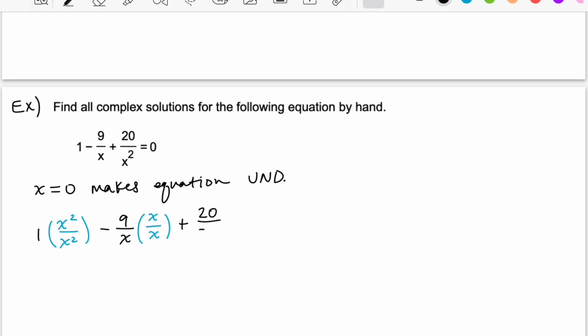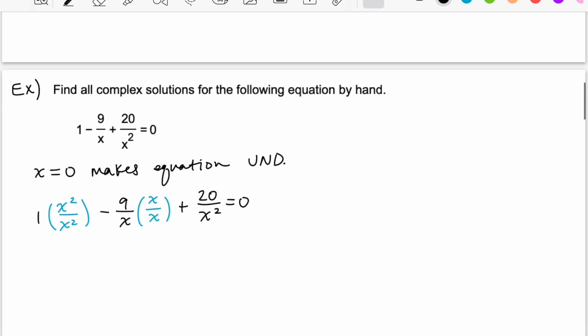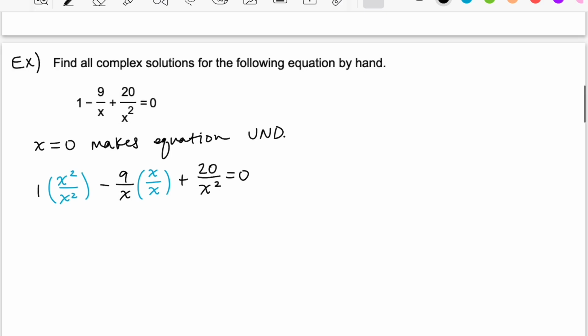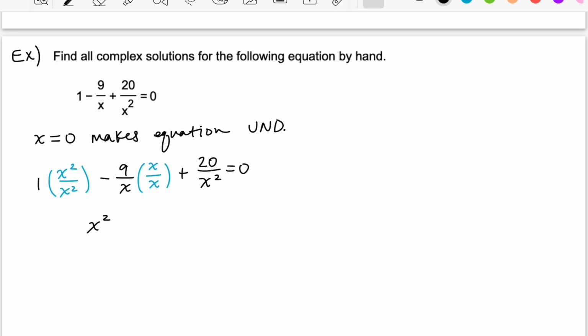And then we have 20 over x squared already, so we don't need to do anything to that guy. So this gives us x squared over x squared minus 9x over x squared plus 20 over x squared is equal to 0. And so we're going to multiply both sides of our equation by our common denominator of x squared.